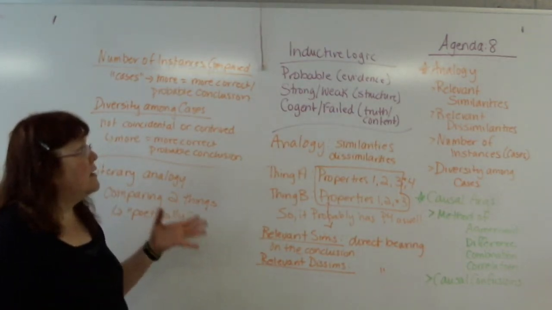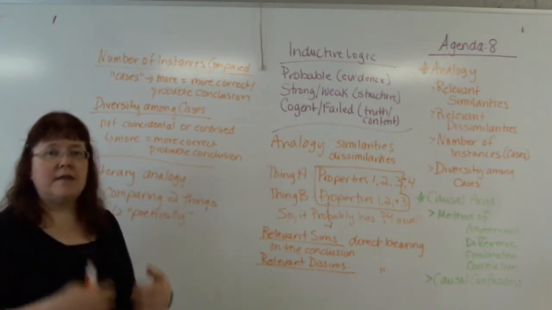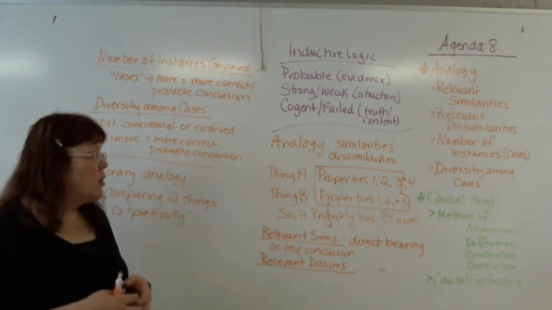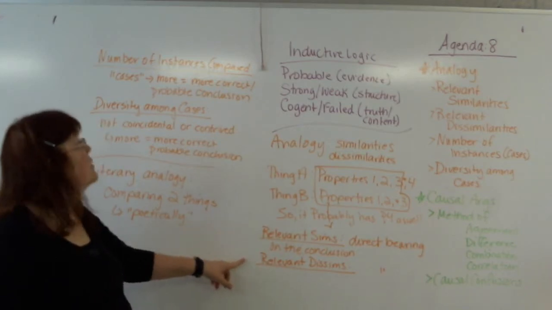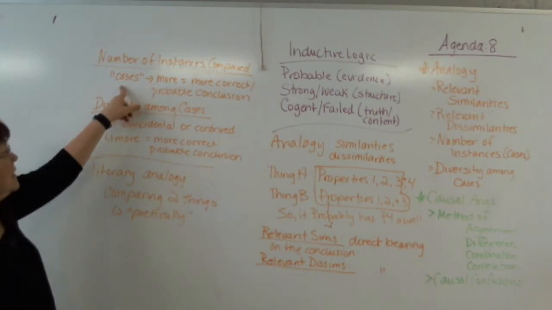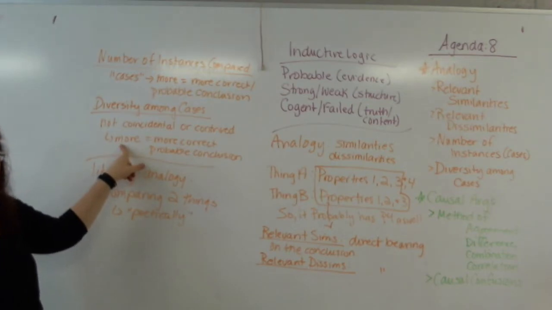We're trying to figure out how probable the conclusion is based on the evidence we're given. And our evidence is our relevant similarities, relevant dissimilarities, how many instances or properties we're comparing, and how diverse those particular cases are. And that's pretty much the idea of analogy in this chapter, okay?